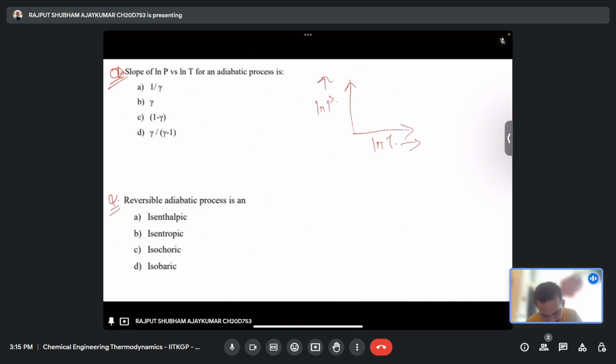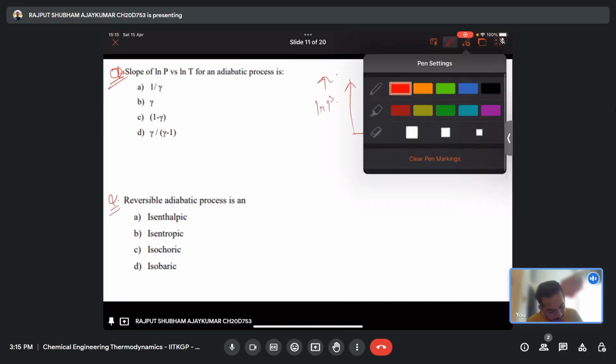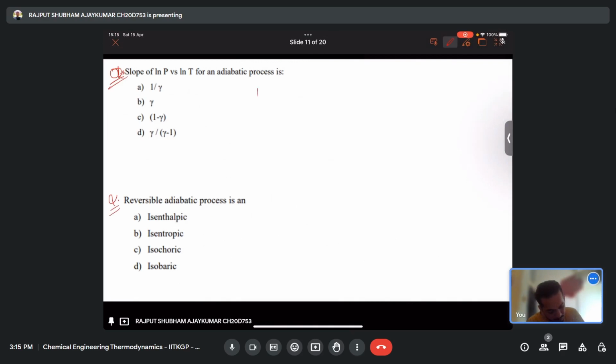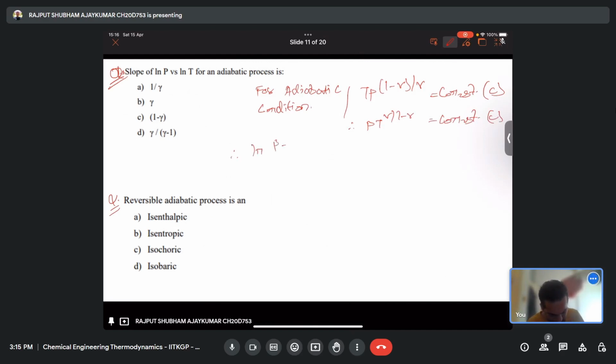For adiabatic conditions, T P raised to (1 minus gamma) by gamma is equal to a constant C, and also we can write P T raised to gamma by (1 minus gamma) is equal to a constant C. If we take ln of P, it will be written as gamma upon (1 minus gamma) ln of T plus constant C. So the correct answer is D, that is gamma upon (1 minus gamma).